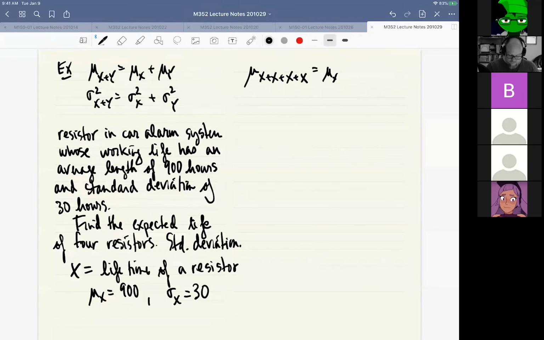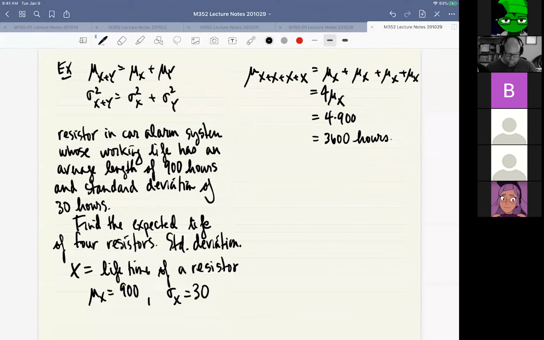We know the mean is additive in this way. So that's 4 times mu x, and mu x is 900. So we've got 4 times 900, and that's 3,600 hours. So we expect 4 resistors to last 3,600 hours.